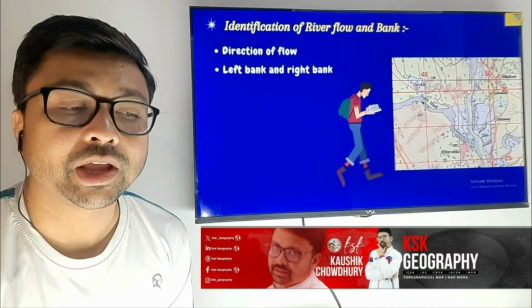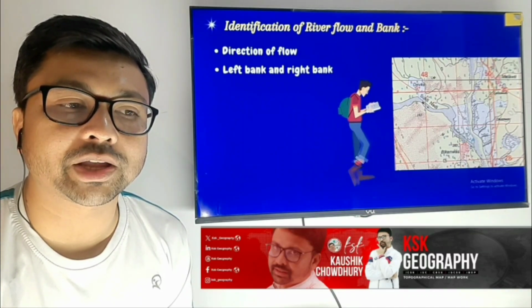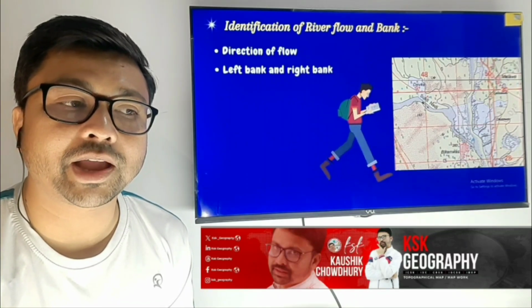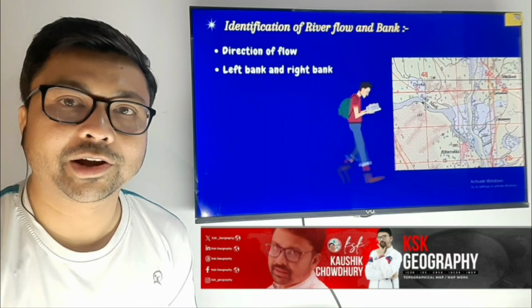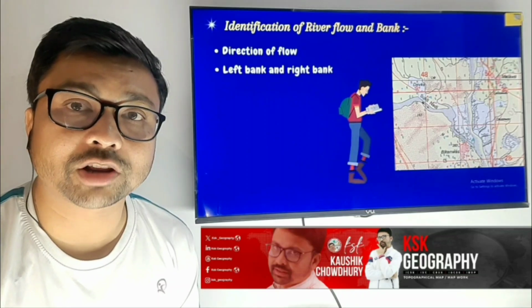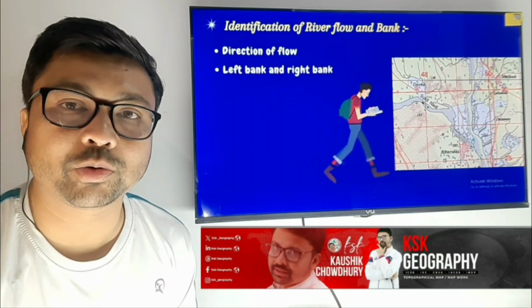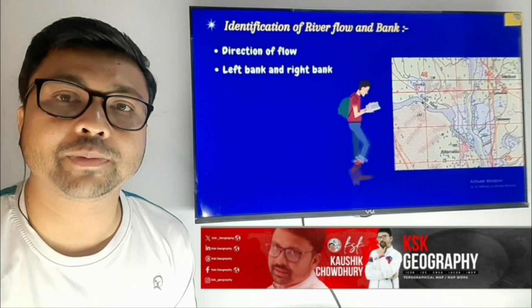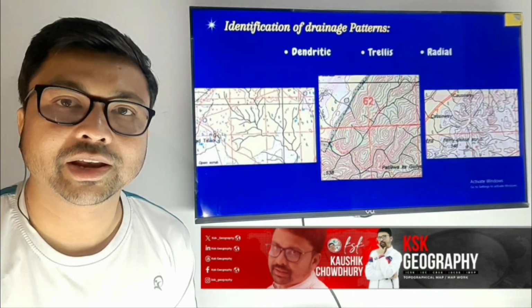Here the river is flowing, and you can see the person is also walking that way. So the right side is the right bank, and the left side is the left bank. Remember, you cannot write north, south, east, west in that way. Bank is always represented as either right bank or left bank, right?